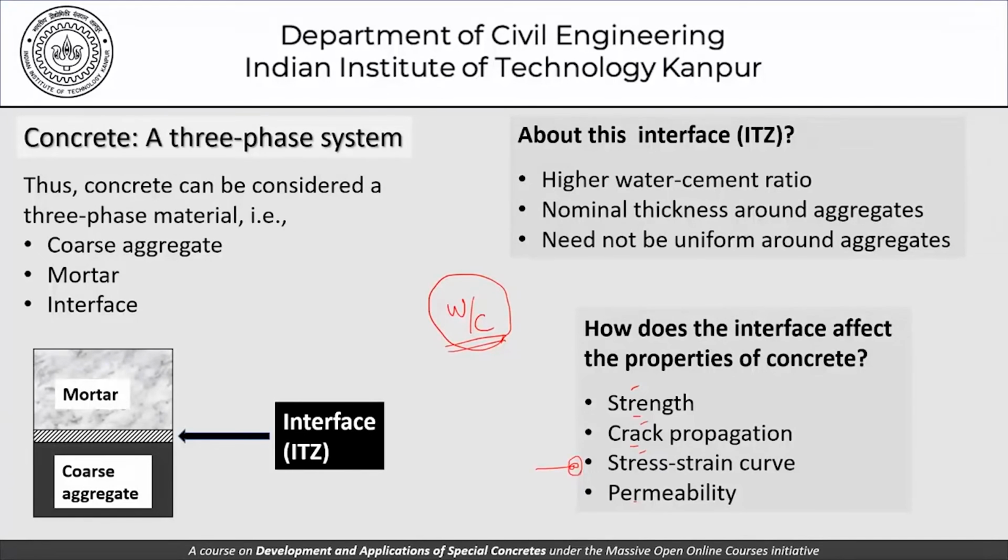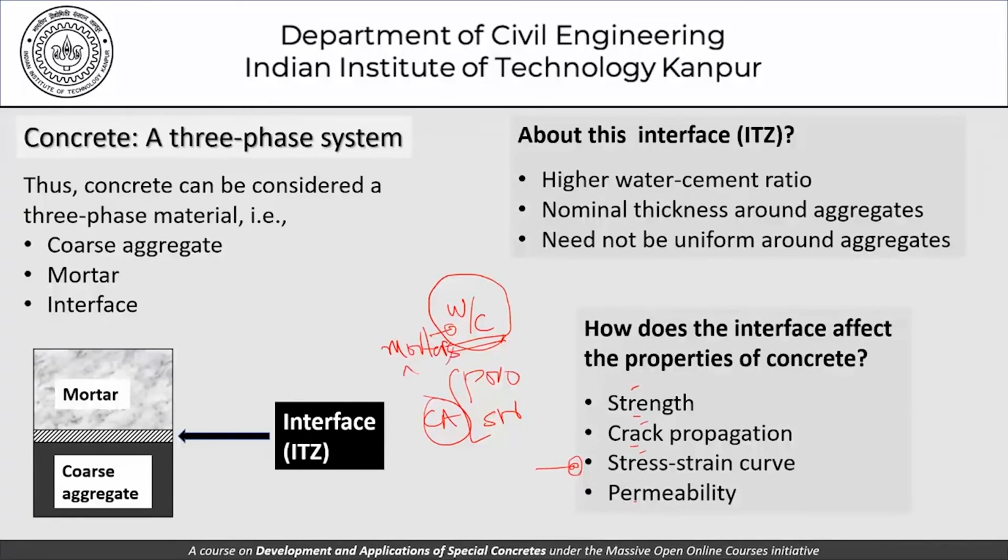We cannot really control the porosity or the strength of coarse aggregates, but the water-cement ratio is what we can control, and that more or less controls the properties of the mortars that we use.